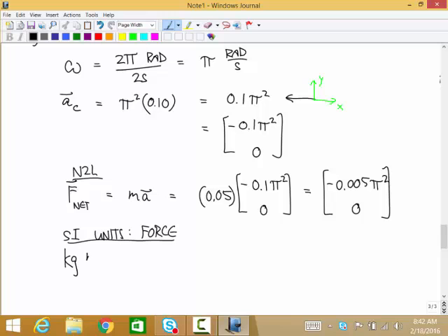So kilograms meters per second squared. But we use units for force all the time, and that's pretty cumbersome to write. So that's given its own name, newtons. It really is 1 kilogram meter per second squared, but we call it newtons, abbreviate it with a capital N. So this has units of newtons.